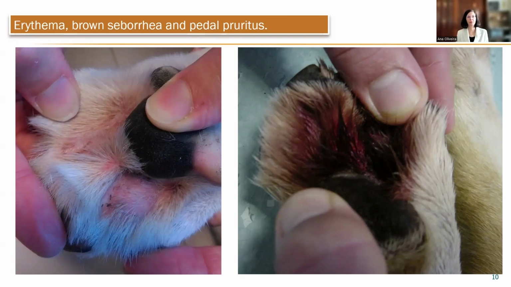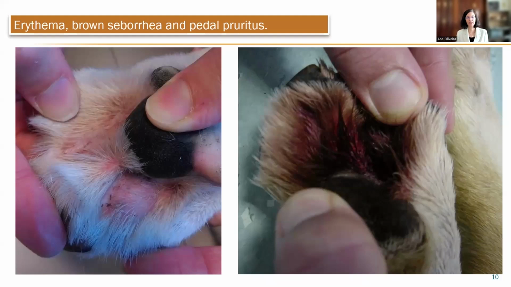And this pedal pruritus normally is associated with erythema between the digits, as we can see here in the first picture, and also sometimes the presence of a brownish seborrhea between the digits. The hair might become stained with a brownish color. In fact, the erythema can become quite severe, and the patient will lick and lick the feet.